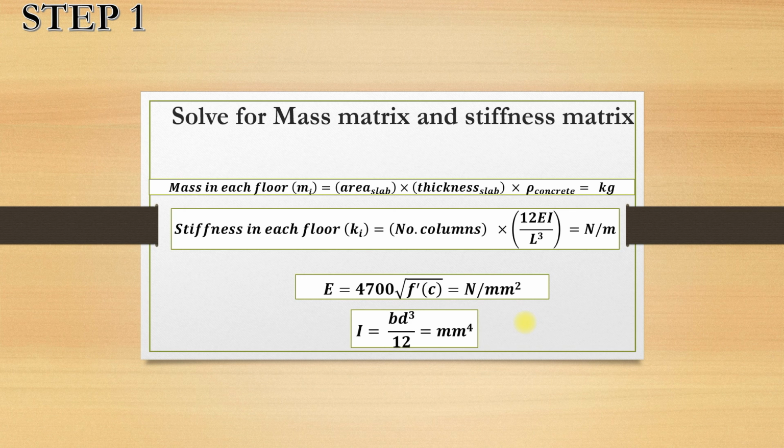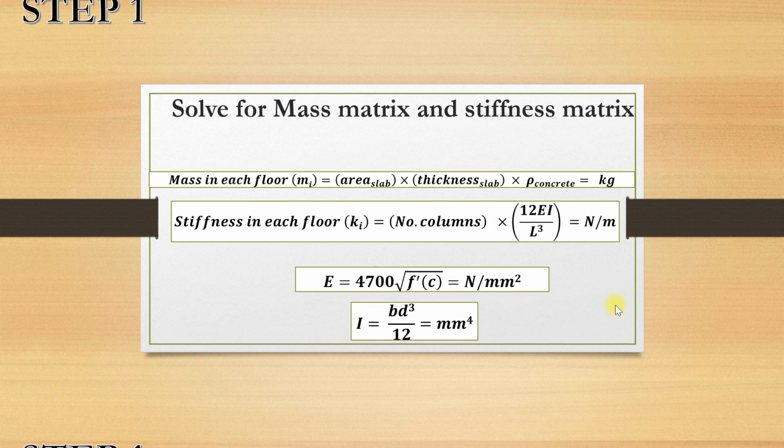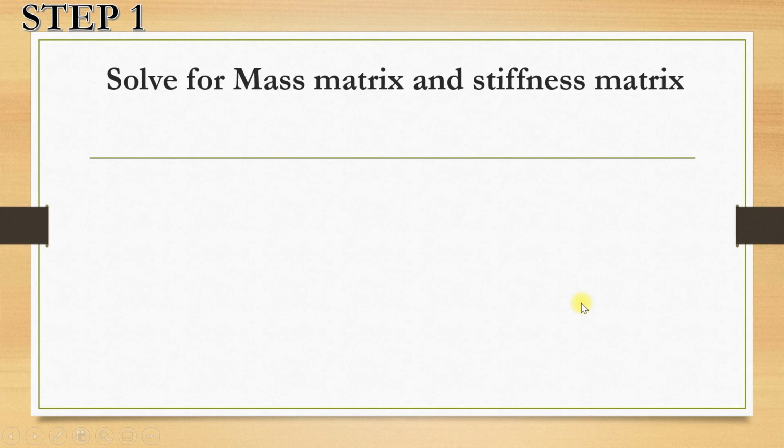And I is equal to bd cube over 12, at ang gagamitin natin na unit ay mm raised to 4. So gamit yung formula na yon, makukuha na natin yung mass matrix and stiffness matrix.